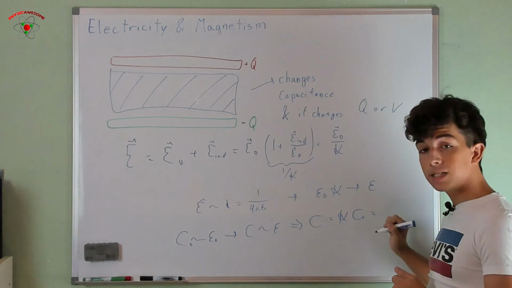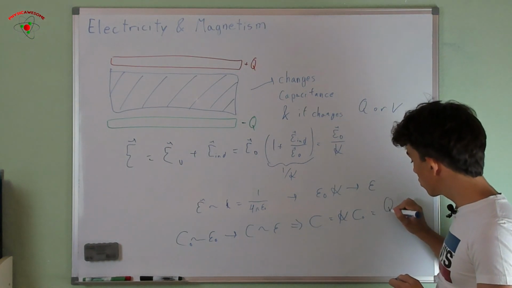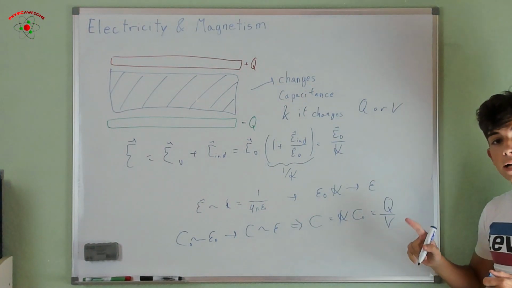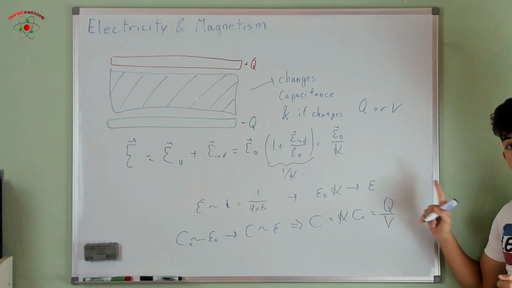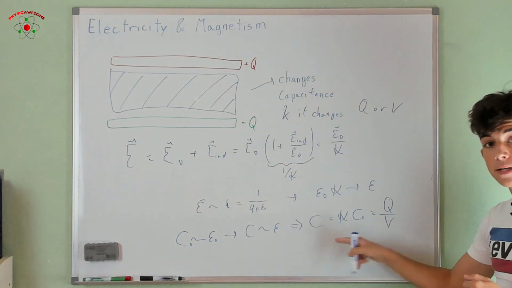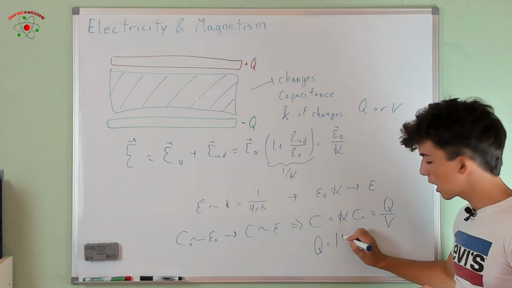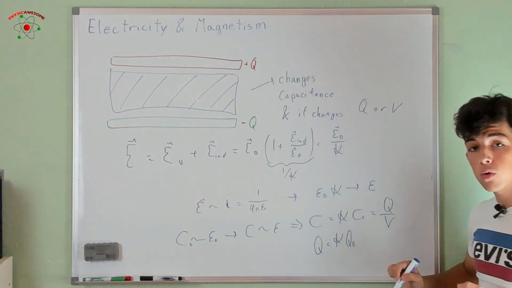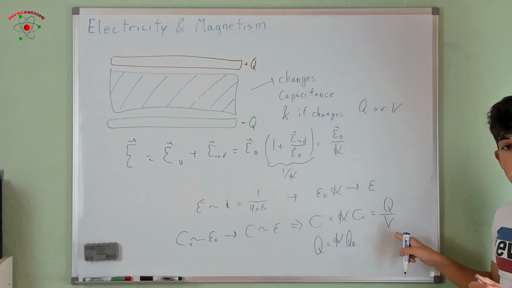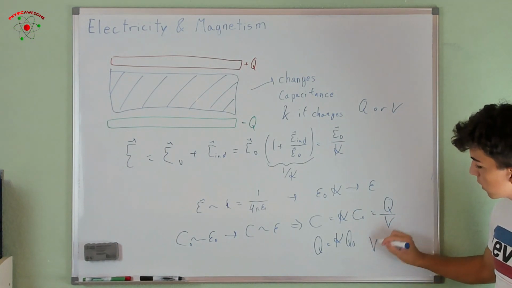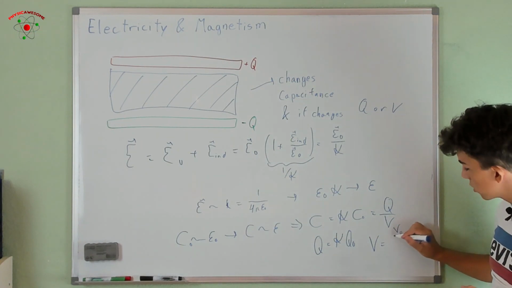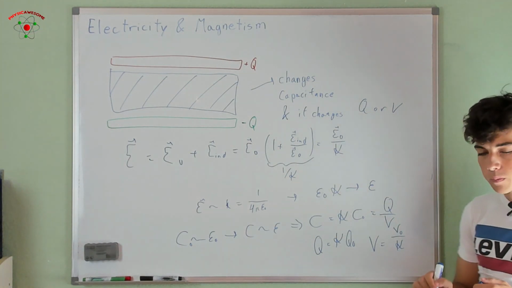Furthermore, we know this is equal to Q over the voltage, and here's where we have the choice. We either express that kappa inside of Q as Q being equal to kappa times Q naught, or we express that kappa inside of V, which will give us that V equals V naught over kappa.